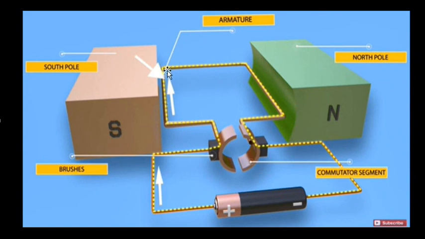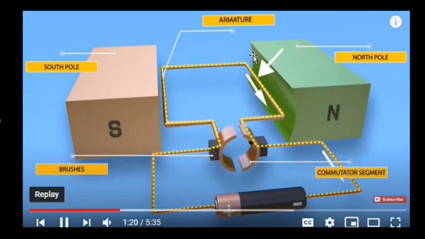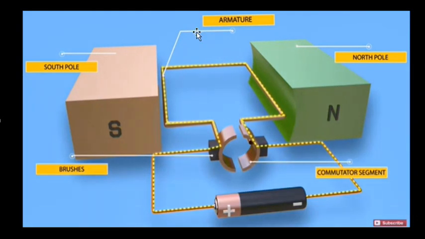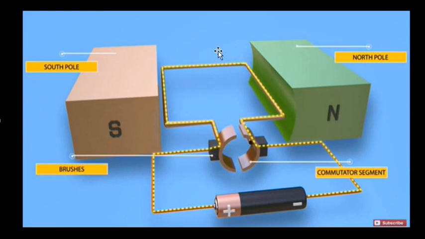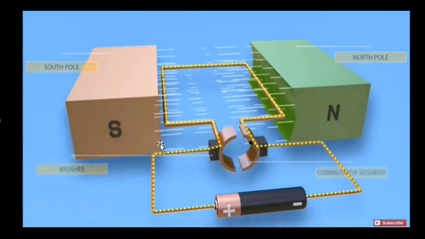Here the flow of current is upward, so the direction of force is also upward. And on the opposite side, the current is downward, so the direction of force is also downward. So it should move clockwise. Just watch, see.